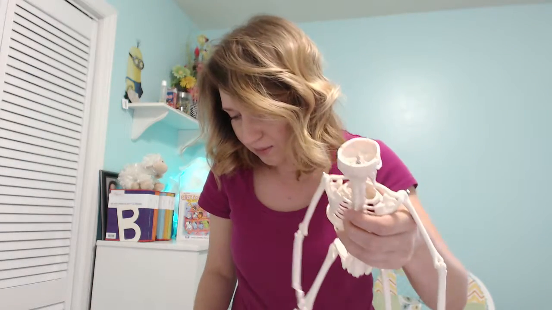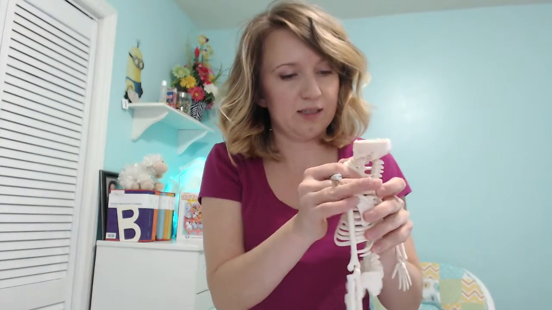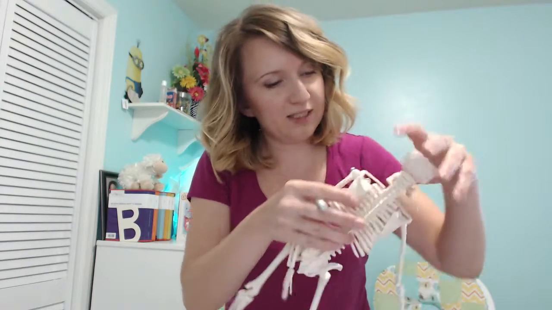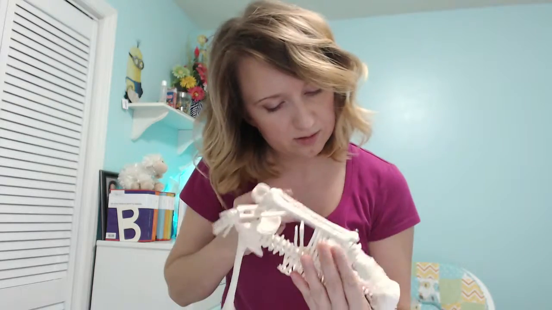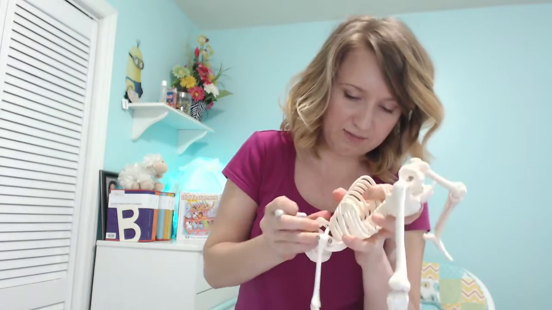The palatine bone. I'm going to take part of his mandible off. The palatine bone is a little bit more difficult to see. Well, if I can get this going.